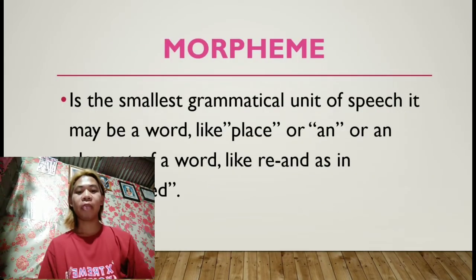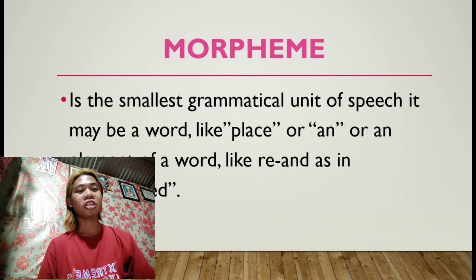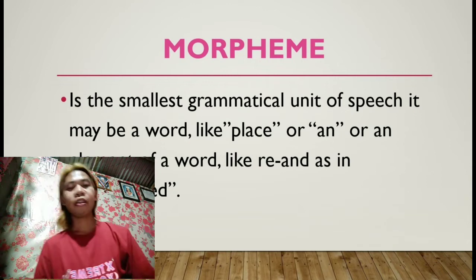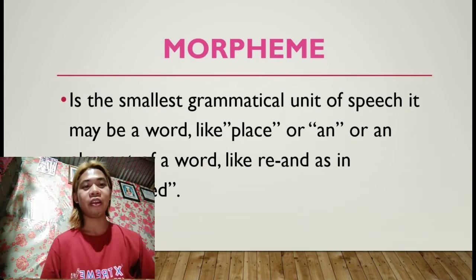Next is morpheme. What is a morpheme? Do you have any idea what a morpheme is? A morpheme is the smallest grammatical unit of speech, and it can be a word like place or an element of a word like re- in reappear.